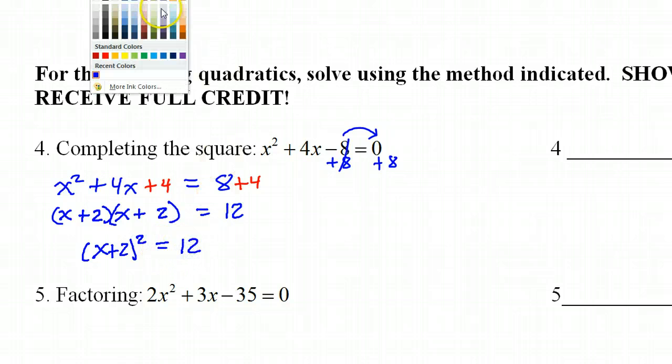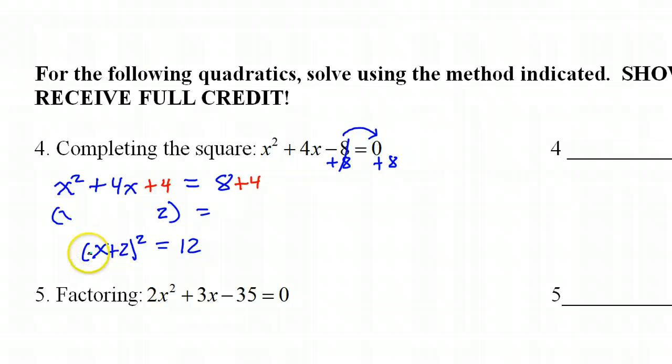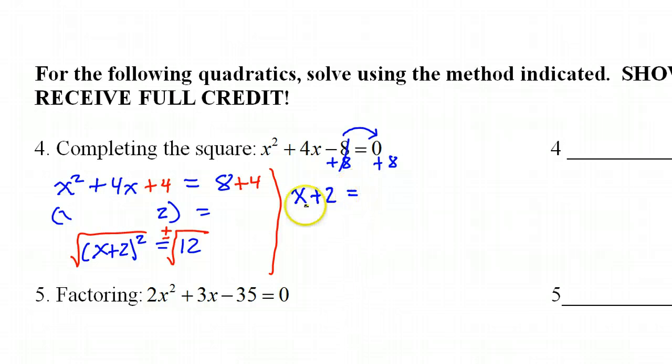equals 12. Now because I have something squared, I can unsquare it by doing the square root. Don't forget the solution will be plus or minus. Anytime you take the square root of both sides, you've got to put a plus or minus. Okay, so let's move this over. So the radical will unsquare this. So then I will have x plus 2 equals plus or minus.